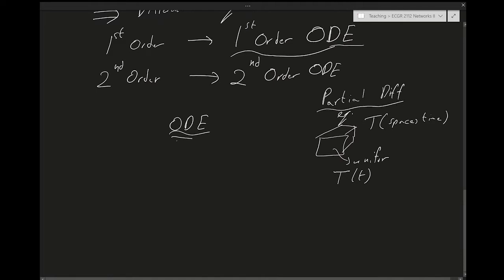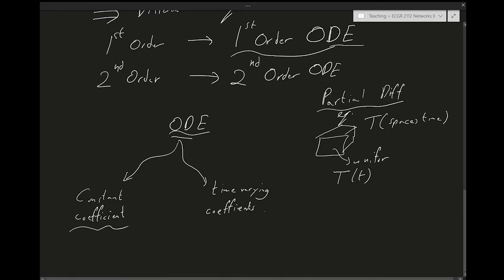Ordinary differential equations could be subdivided into equations with constant coefficients, and those we know how to solve easily, and then those with time varying coefficients. Those are mostly unsolvable.